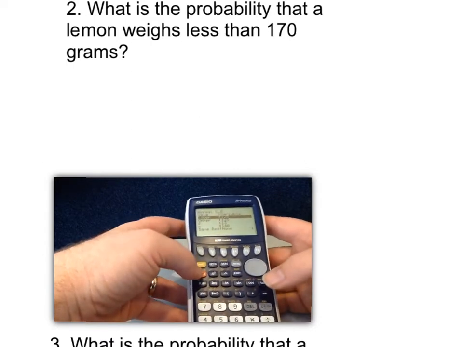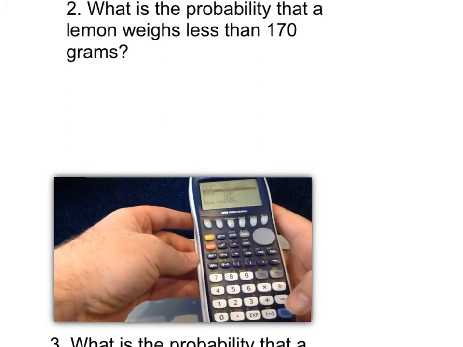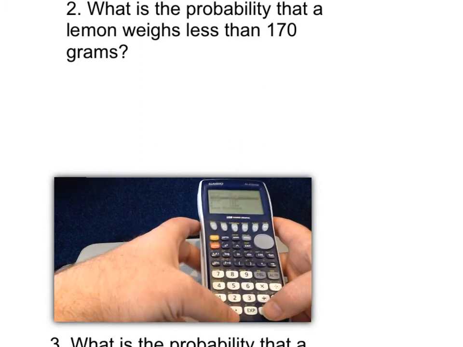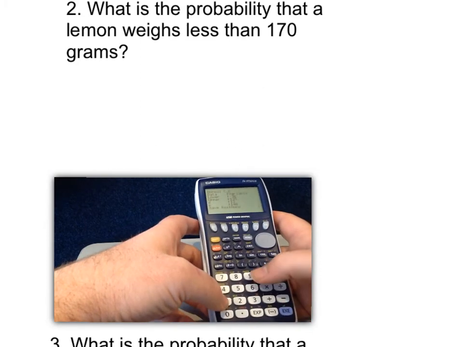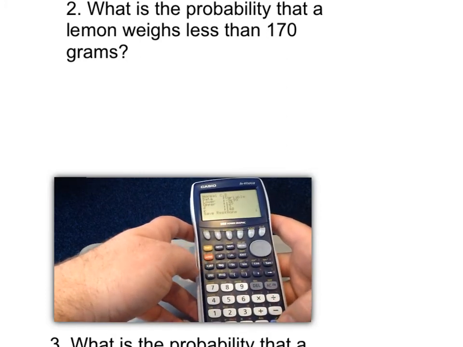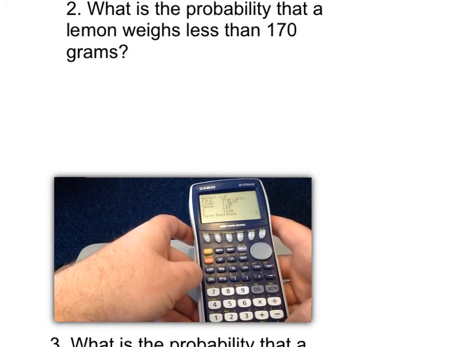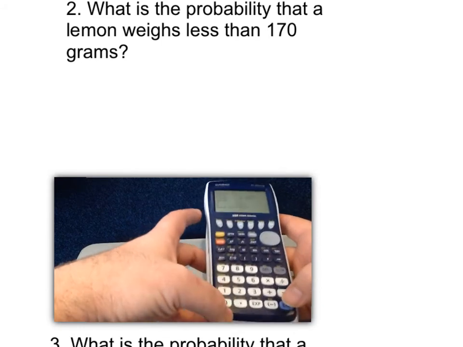We want to find less than 170, so our lower should actually be negative infinity. We can't do negative infinity, but we can do negative 9 times 10 to the power of 99. So negative 9e99 is as close to negative infinity as we're going to get on the calculator. The upper is 170.